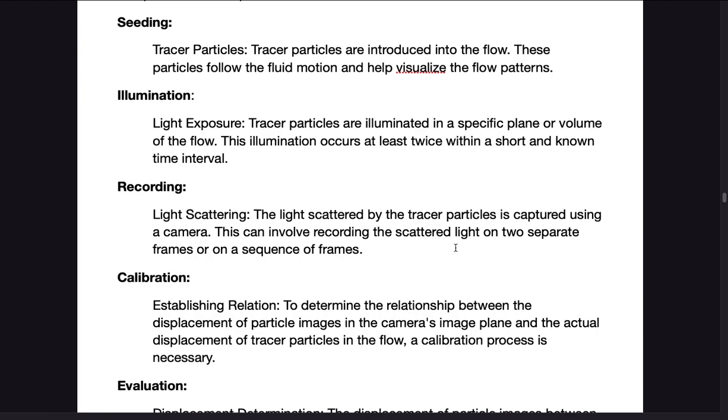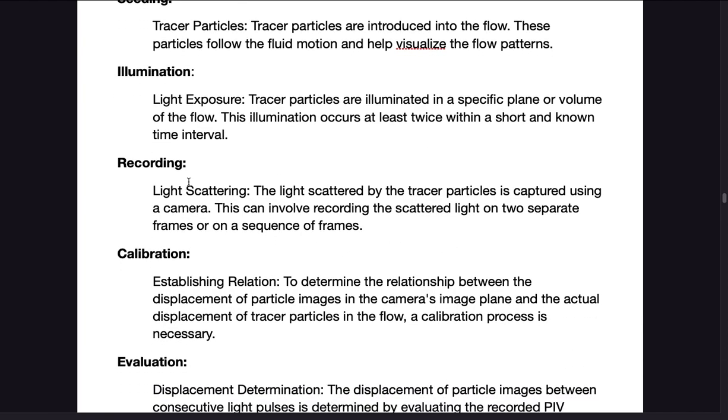And the next step is recording. After light exposure, we have to record the image of our area of interest. Light scattering is a very important term here. The light scattered by the tracer particles is captured using a camera.